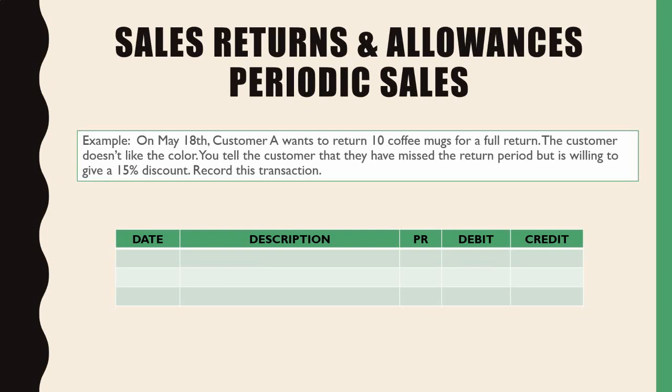They missed it. And it's because they're complaining that they don't like the color. Or, they thought they liked the color, now they don't like the color. Okay? And of course, you sold it to the customer and they have missed the return policy period. Okay? And they are willing to accept, or in this case, you're willing to give them a 15% additional discount.